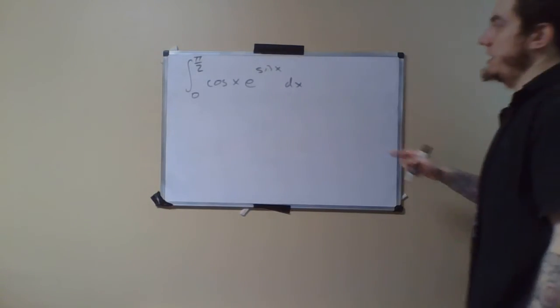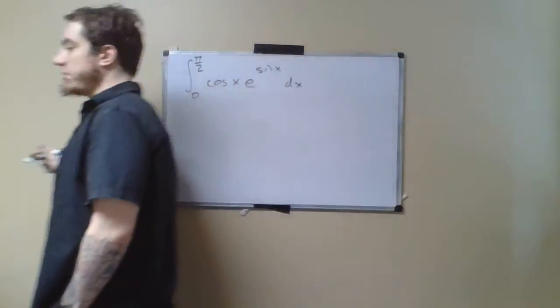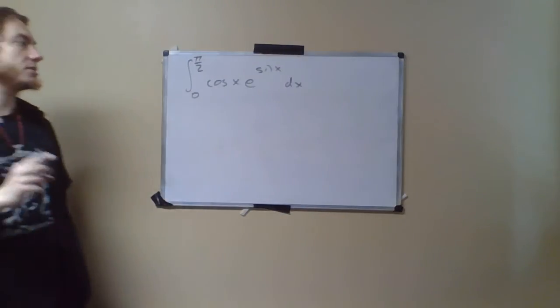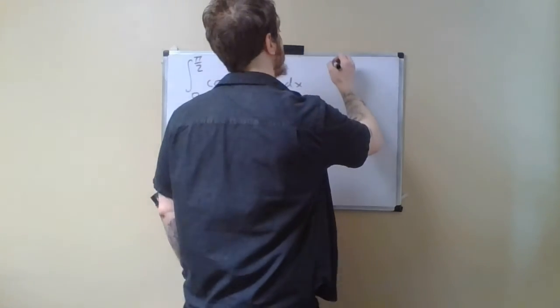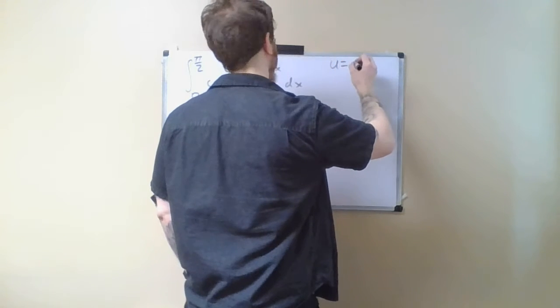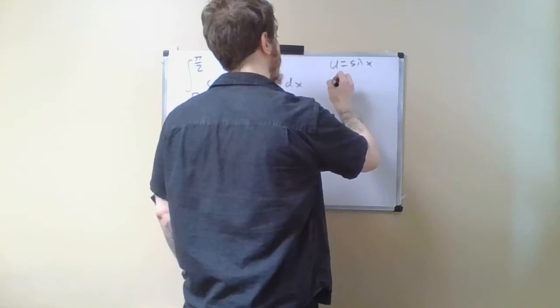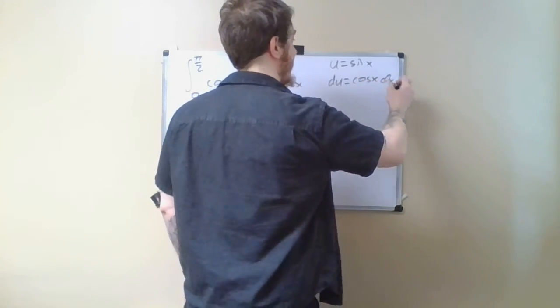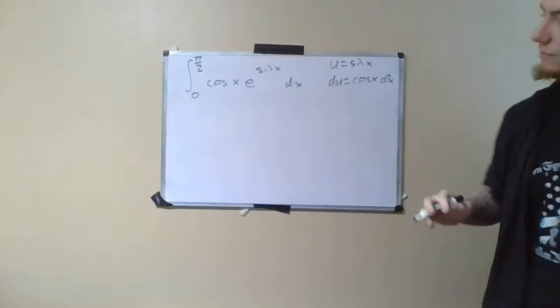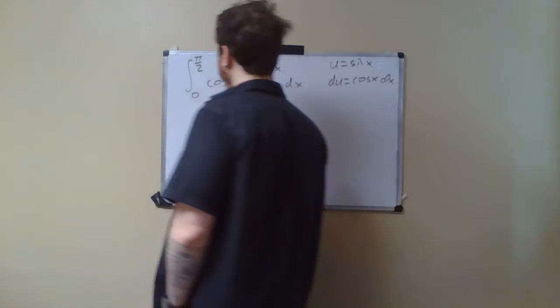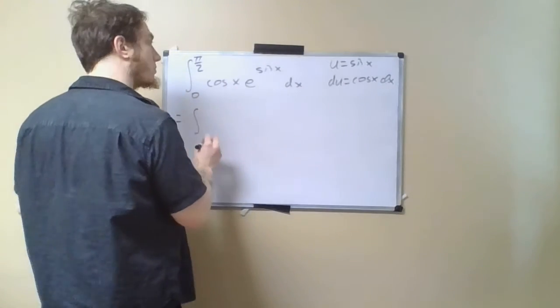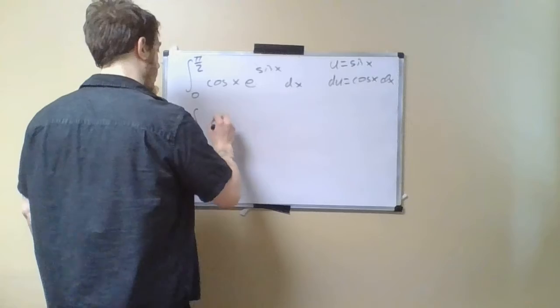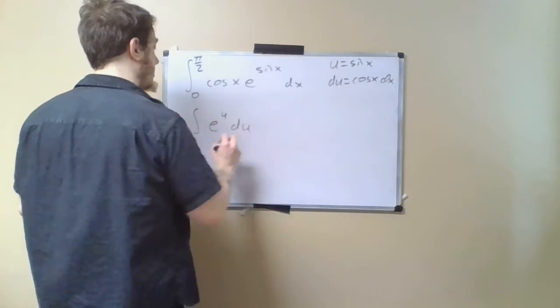So what I notice here is that the derivative of sine multiplies the entire integrand. And because of that, this suggests that I should do a substitution of u equals sine x and du equals cos x dx. And that means that this is going to be an integral of e to the u du.